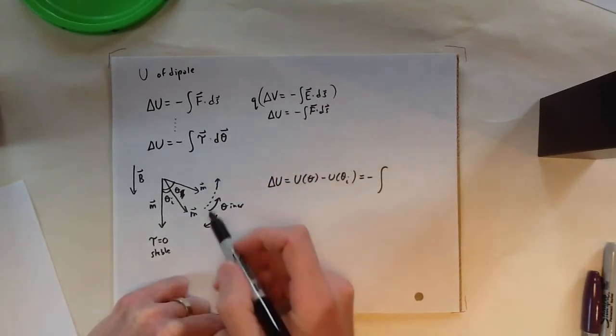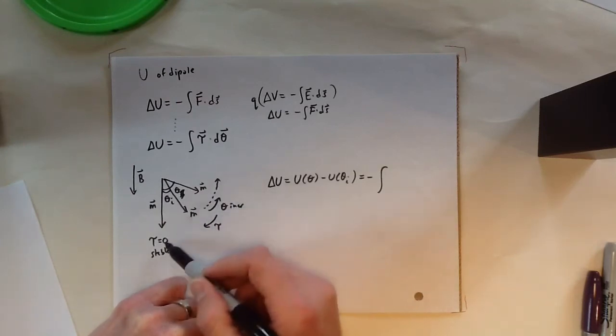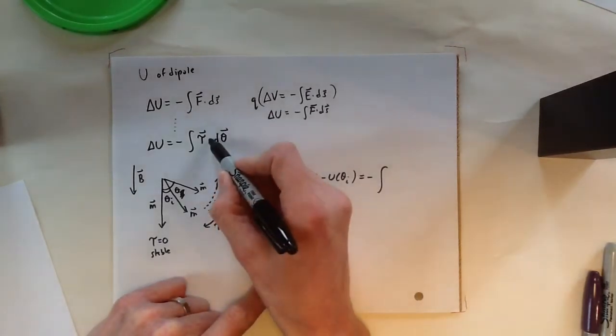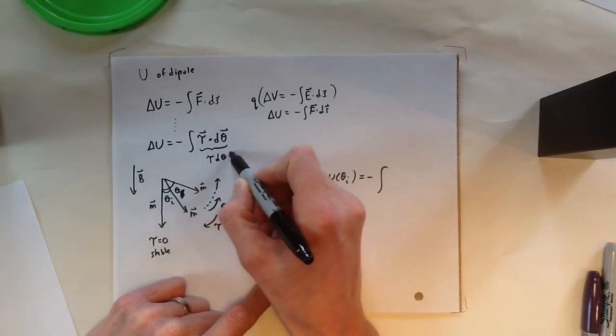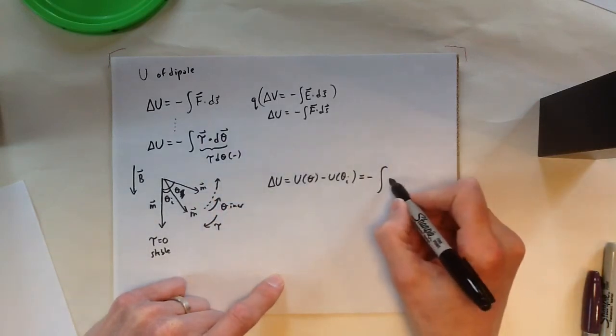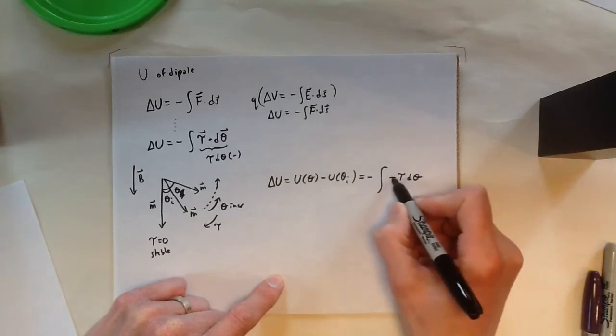The torque wants to bring it back, so if I'm going to a larger angle, I'm going against the torque, which wants to make this angle zero. So this dot product is going to yield a negative sign, when two things are pointing opposite. So this is going to be minus the magnitude of the torque, d theta, and those two minuses wipe each other out.